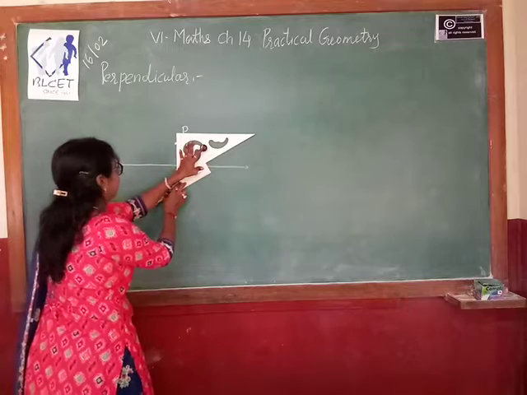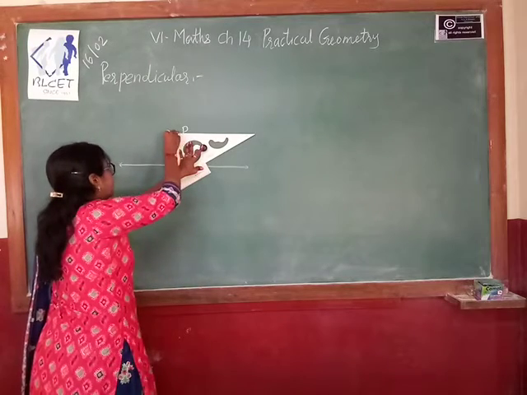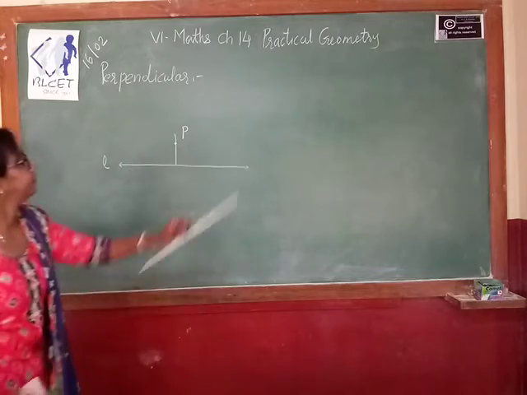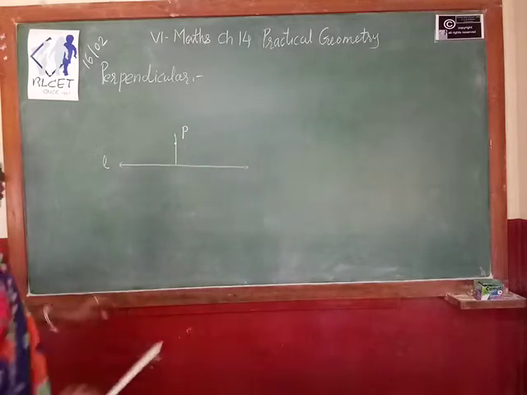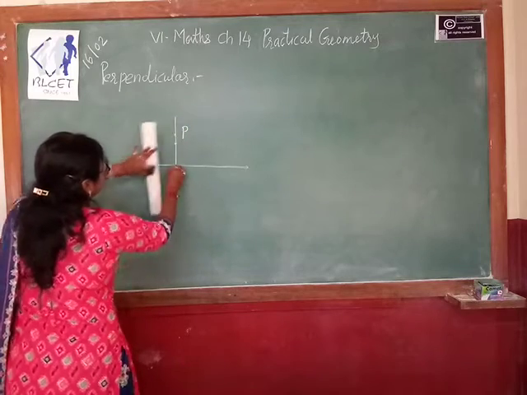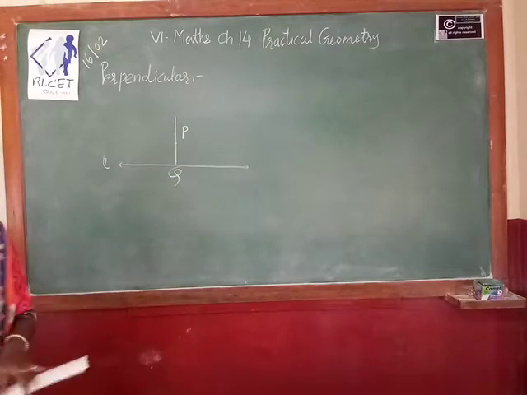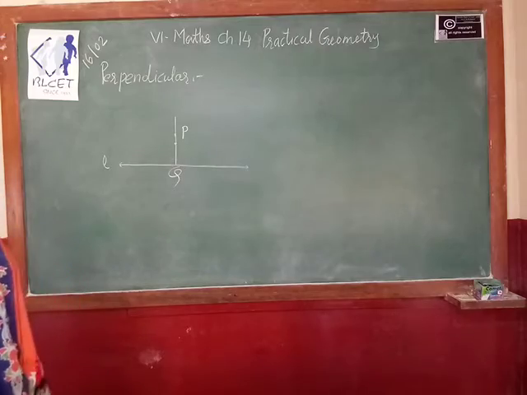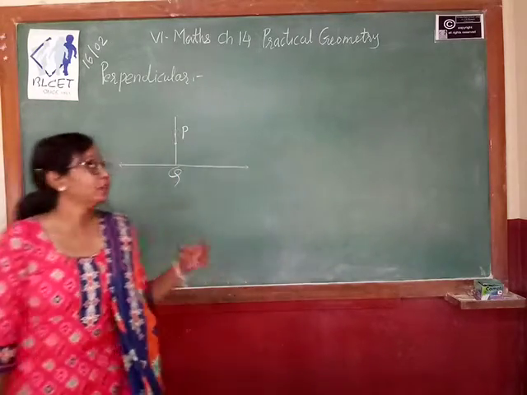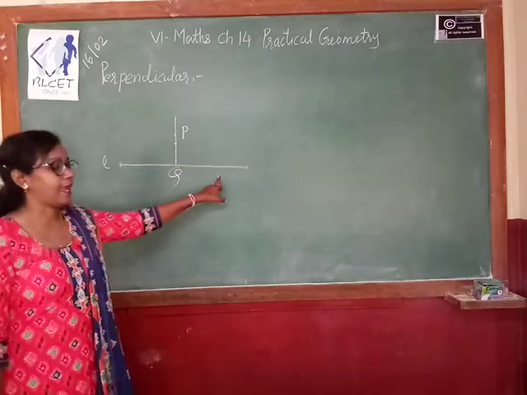Without disturbing this setup, just draw the line. Now extend the line. Perpendicular PQ. So this way with the help of set square and ruler, we can construct a perpendicular line though the point is not on the line.